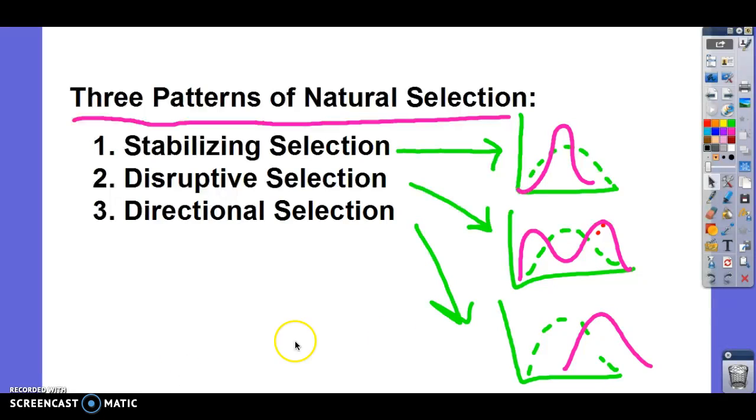So that's an example of stabilizing selection because the medium amount in the middle is what we ended up with. Okay, so stabilizing selection, we're going to write that in the blank. And then again, for that graph, we need to draw a long skinny hump just like this one right here.